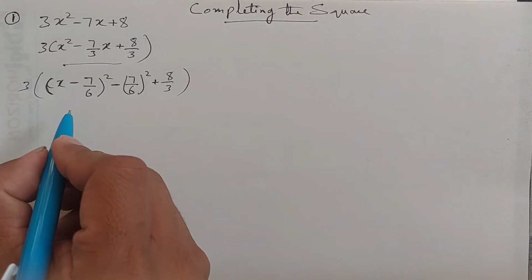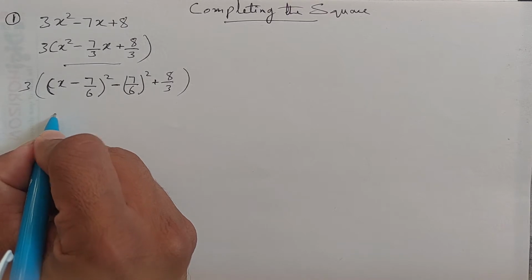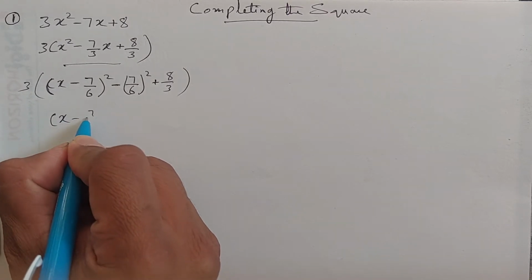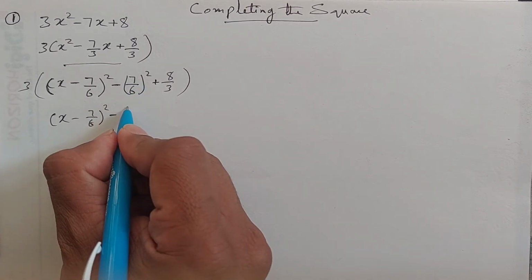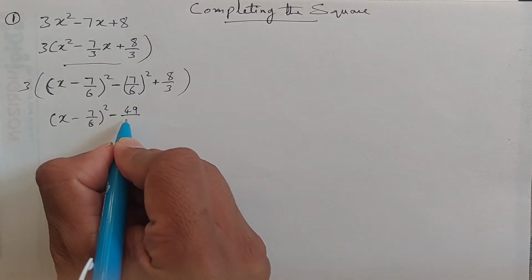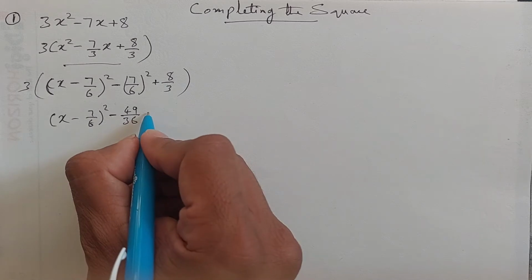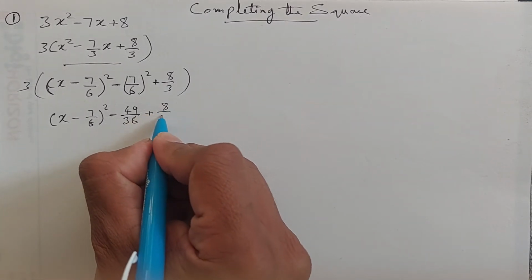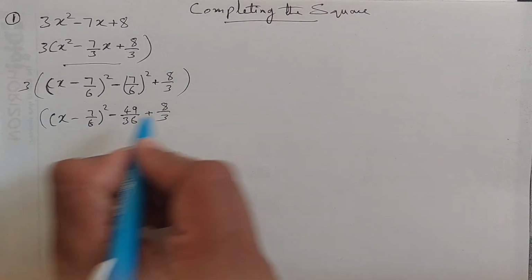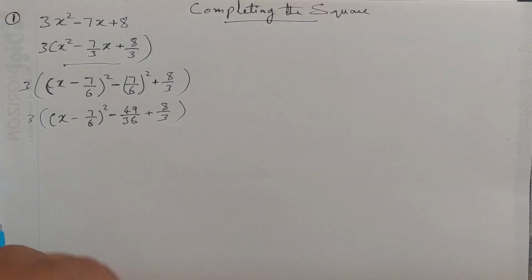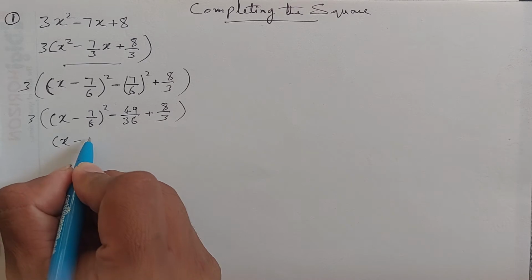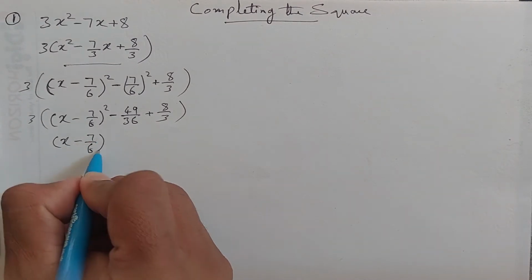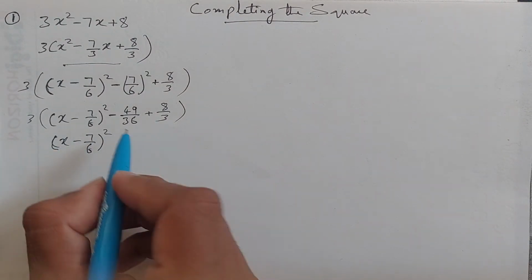Now the next step will be x minus 7 over 6 whole squared, minus 7 squared, which is 49 over 36, plus 8 over 3. Again, that 3 will be waiting outside. Continue with that. So x minus 7 over 6 whole squared.